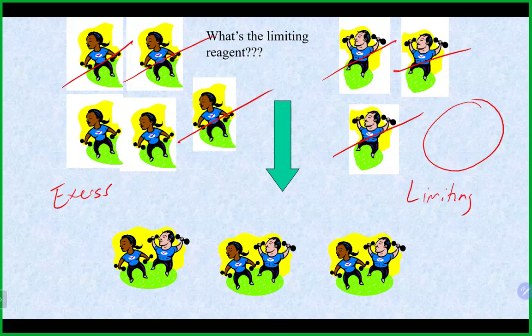And as I said before, you can also figure out how much excess reagent you have left over. So obviously at the end of pairing everybody up, we have 2 people left over, and we could actually figure out how much is left over in this sort of reaction. If this was a reaction, obviously once we run out of guys here, there's no way to put everybody together and continue to make partners at this point.